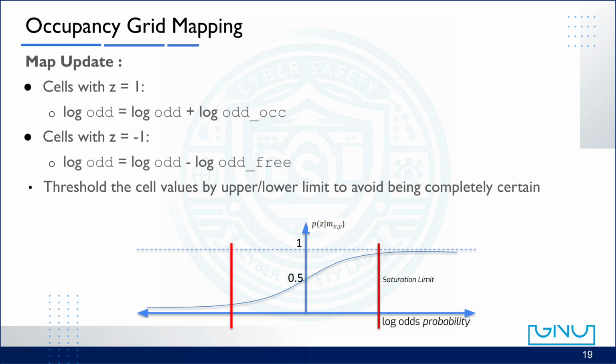By applying these bounds, cells remain updatable even after many observations. If something in the environment changes, like people walking by or temporary obstacles, the future scans can bring the log odds back toward the correct value. This makes the occupancy grid far more robust in dynamic and noisy environments.